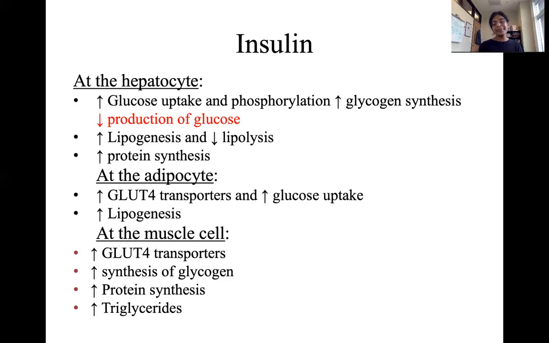Okay. Now, what about at the muscle cell? Muscle fibers also have GLUT4 transporters, meaning insulin dependent transporters. So in the presence of insulin, they will be moving more glucose into the cell, and then this excess glucose is going to be converted to glycogen. Any excess glucose is converted to glycogen.